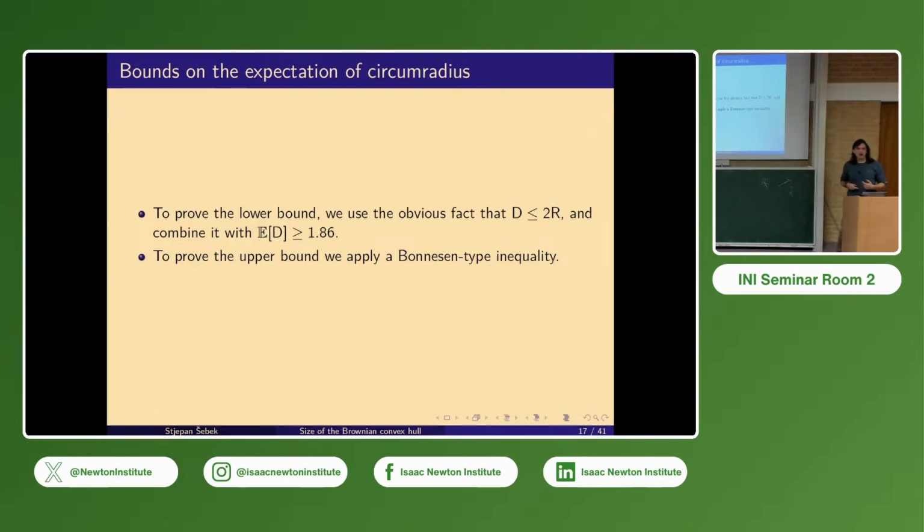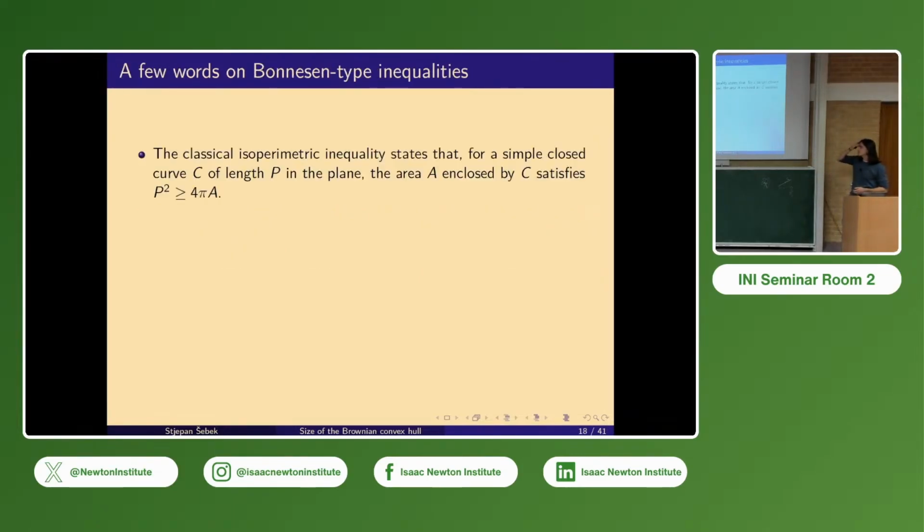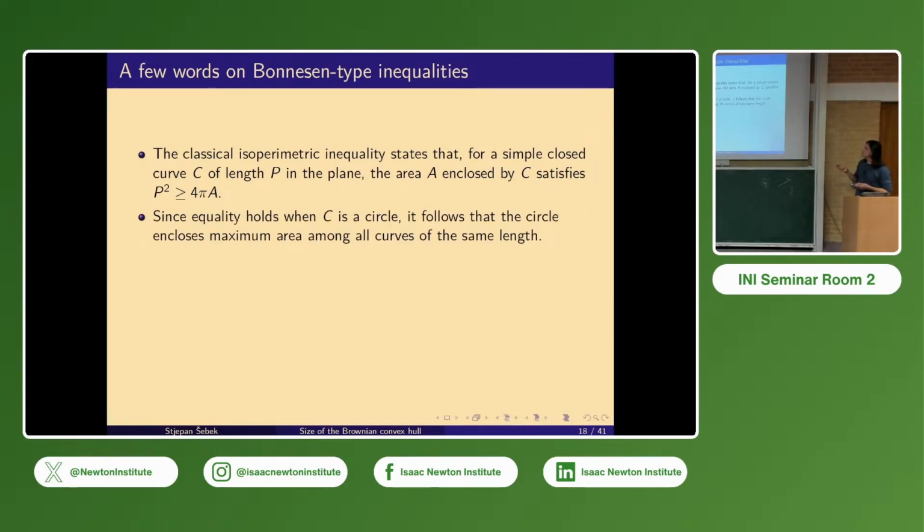And for the upper bound, we found these Bonnesen-type inequalities. Even though this is not the best thing one can do, I will talk about it because we will use it later. So, a short excursion to these Bonnesen-type inequalities. I suppose you're familiar with the classical isoperimetric inequality, that P squared, the perimeter squared, is greater than or equal to 4 times pi times the area, and equality holds when C is a circle.